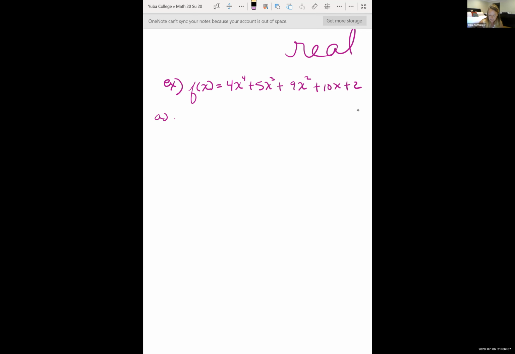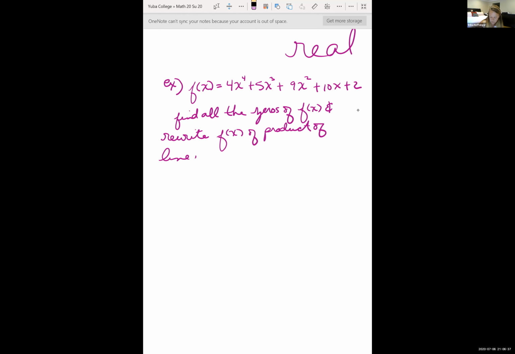So let's find all the zeros of f of x, and rewrite f of x as a product of linear and or irreducible quadratic factors.